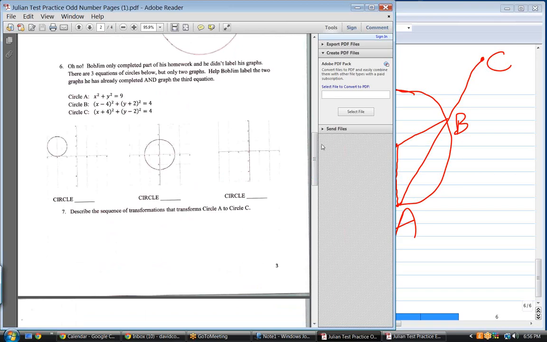Not sure we can do this in 4 minutes, but we can look at it. We got 2 circles down there. Which one can be labeled by which of these equations?